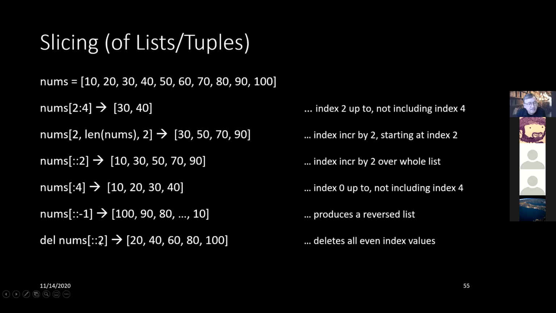And if I want to delete the even index values and produce what the remaining ones were, then I'm deleting the even index values 10, 30, 50, index 0, 2, 4, 6, and it's giving me what's left. So there's lots of flexibility in what you can do with slicing lists.